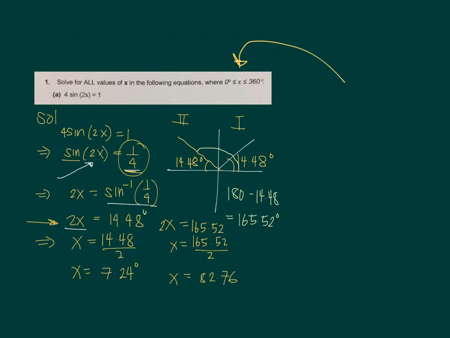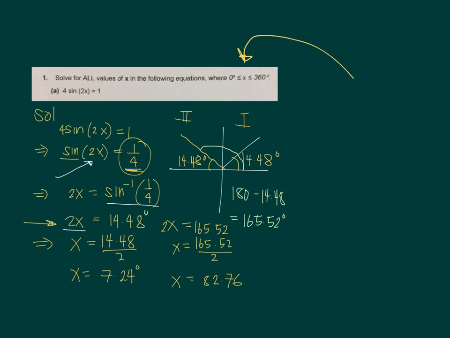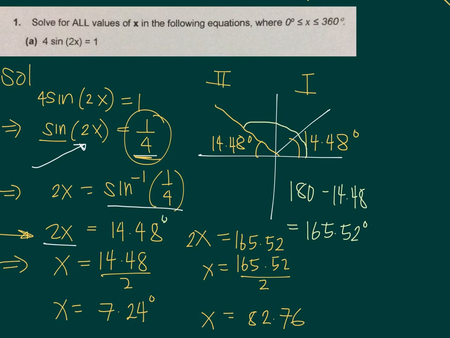Okay, so that means if you go back to our angles here, we need to check if one more cycle from 14.48 could still be a candidate for 2x.